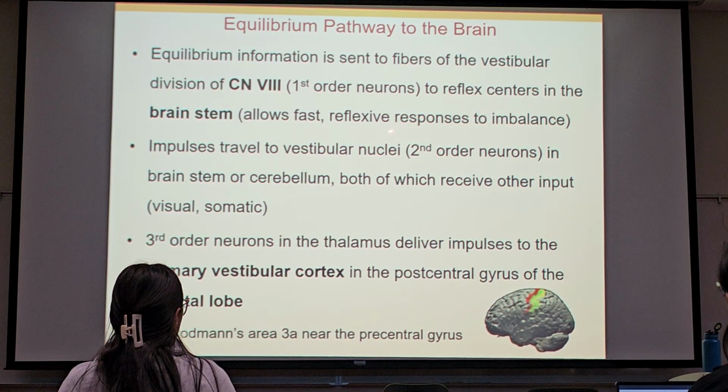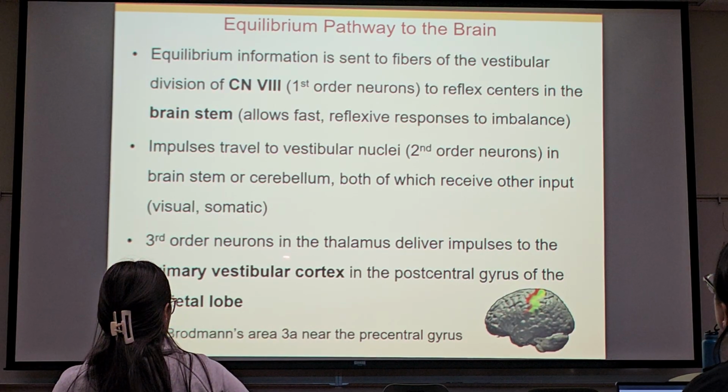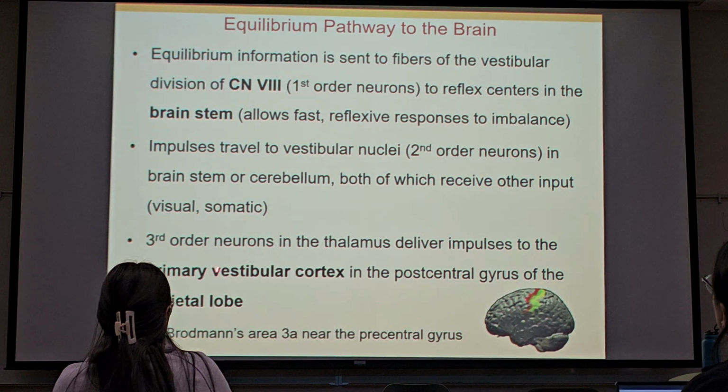But then this electrical impulse will be delivered to different sets of neurons. Going from the brain stem and the cerebellum, we'll go to different sets of neurons, and finally we will be in neurons that are in the vestibular cortex.